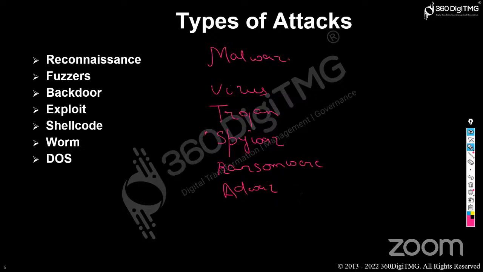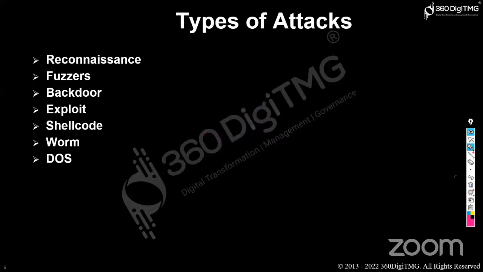Adware, guys, is advertising software, which can be used to spread various malwares. Botnets, we have heard about. A botnet is a network of malware-infected computers, which cyber criminals are now using these days to perform tasks online without the user's permission. All these are various types of attacks.